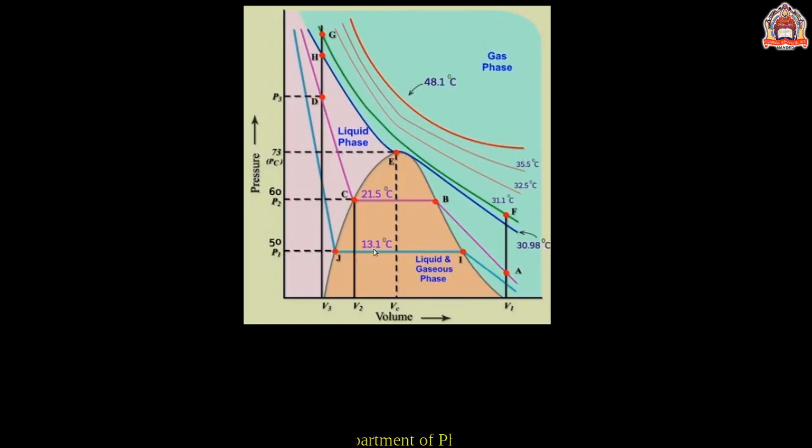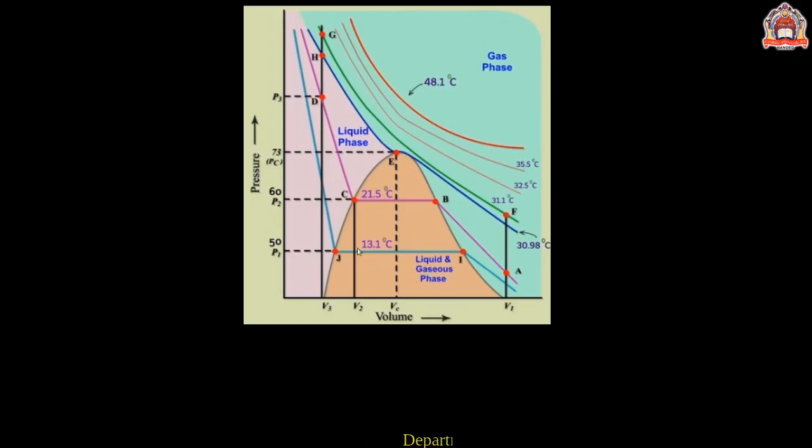So in this state I to J, the carbon dioxide should be liquefied. This mass is said to be in a saturated state in the sense that no more matter can exist in the gaseous state in the given volume.